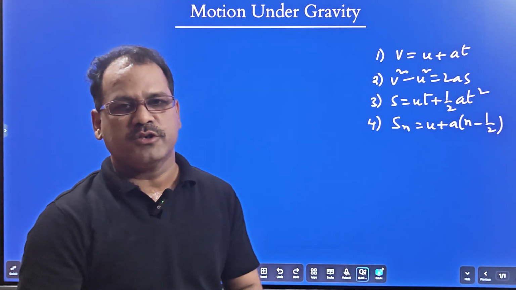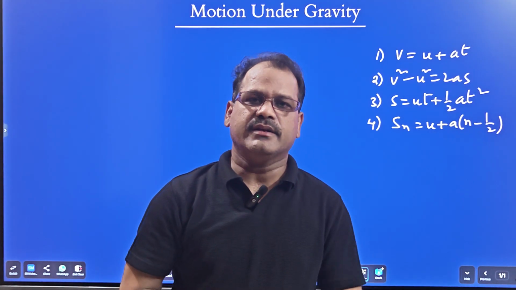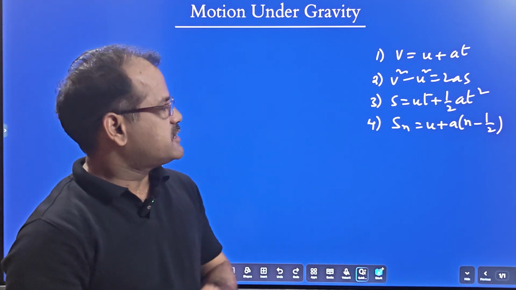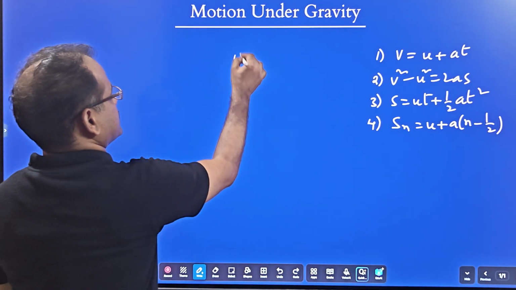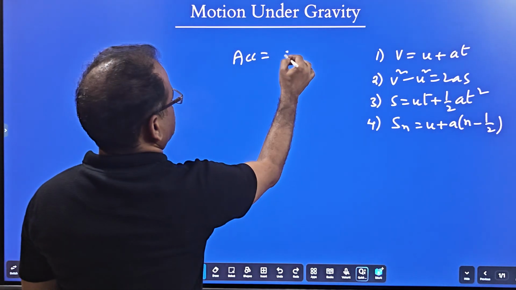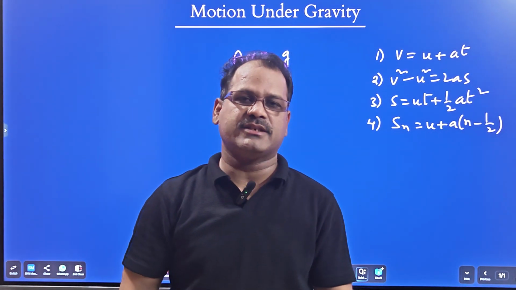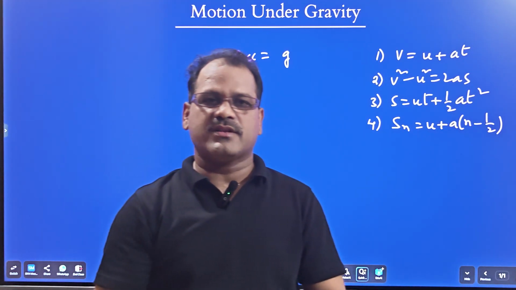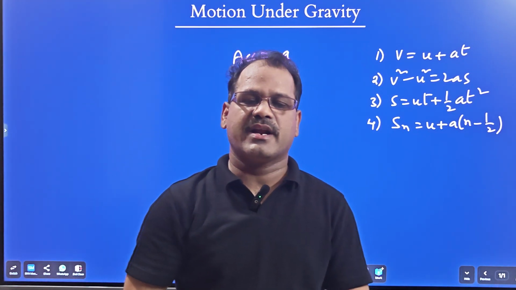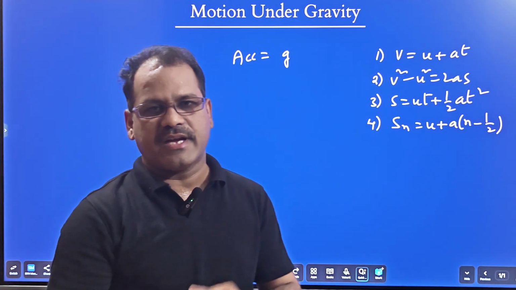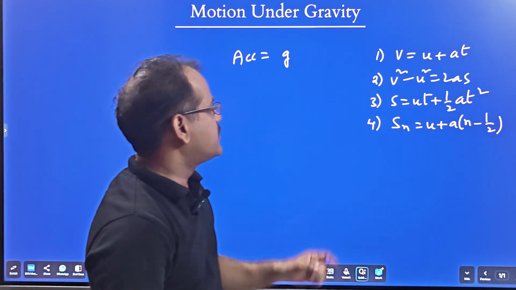When we use these equations of motion under gravity, we just have to replace the acceleration with the g value. Because when the motion is in the vertical direction, the object is under the influence of gravitational pull or gravitational force. Because of that force, the acceleration must be fixed, that is equal to g.